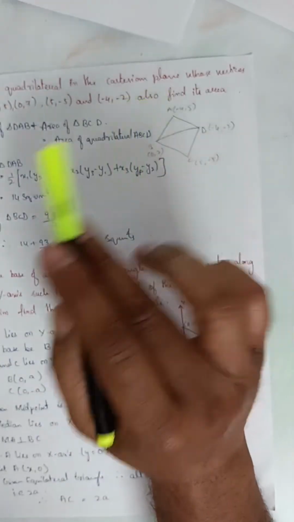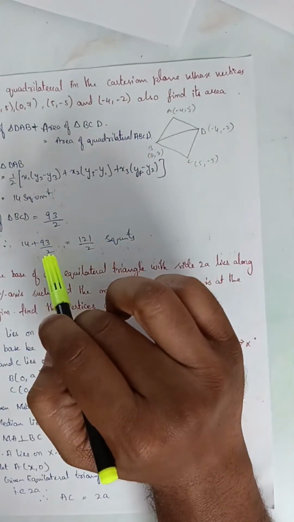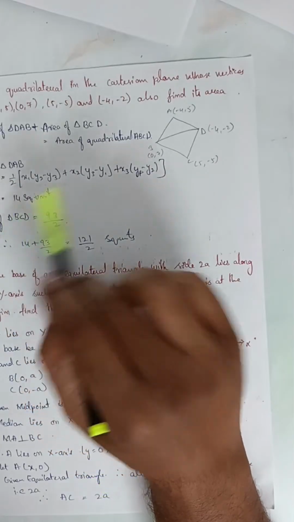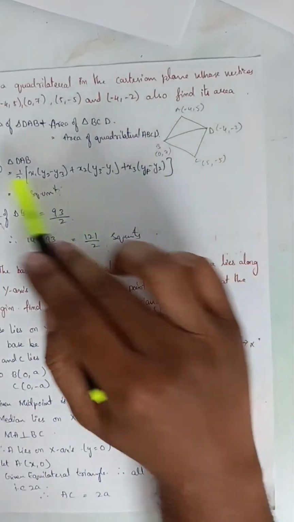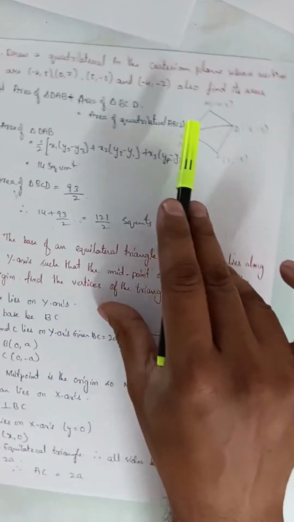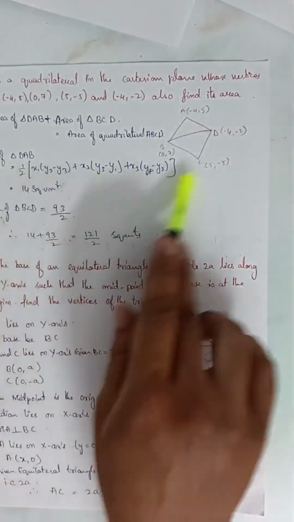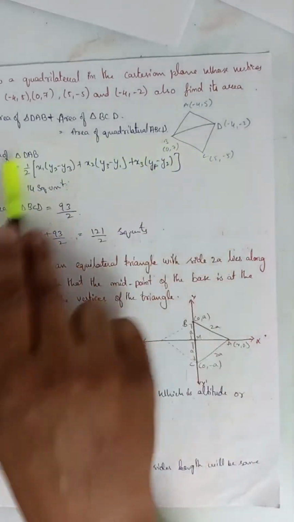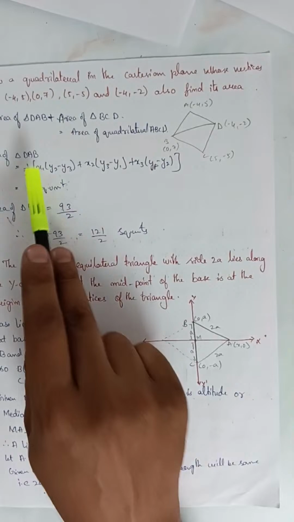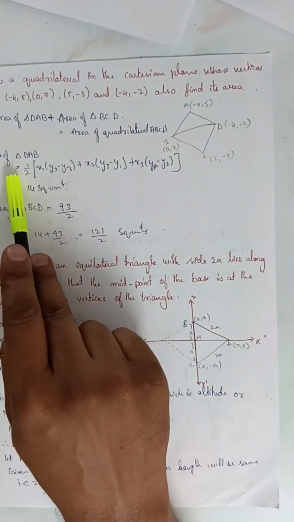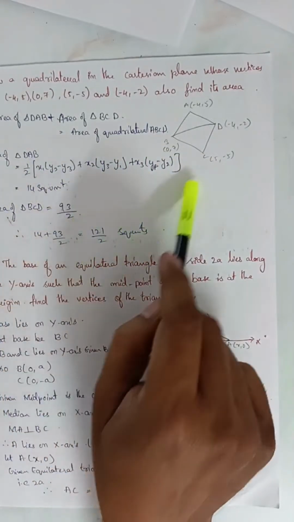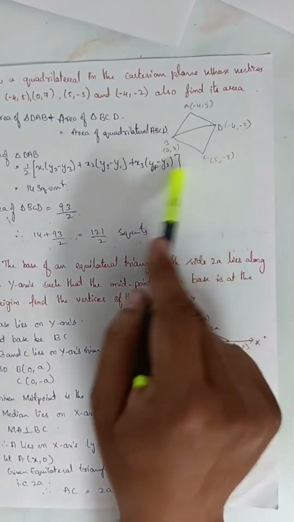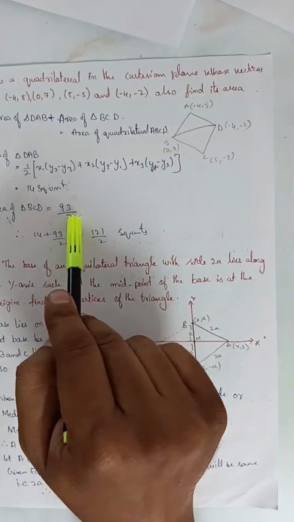Okay. Now find the area of BCD in the same way, using the same formula. I didn't write in detail because the formula is already there. You have to add, multiply and divide by 2. So if I calculate this formula for the second triangle, I will get 93 divided by 2.